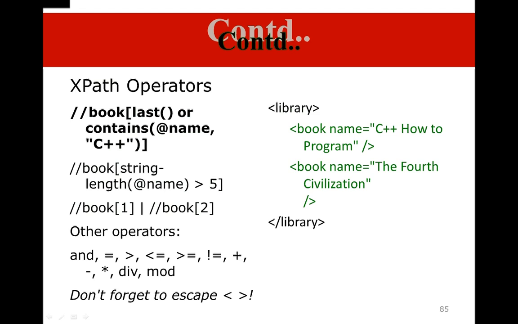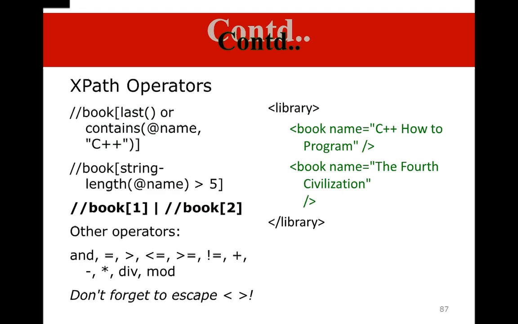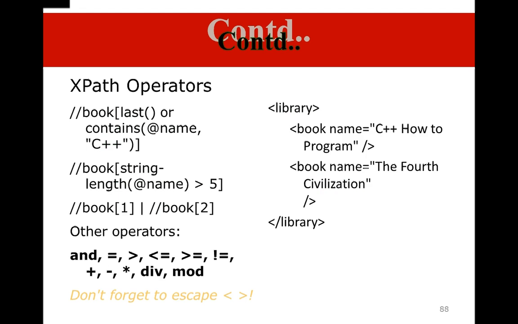Those are highlighted. If you say this, it highlights books whose attribute string-length is greater than 5. Like that, book[1], book[2]. So both the books are highlighted with the or operator. And of course we use different operators at the time of accessing a particular expression.